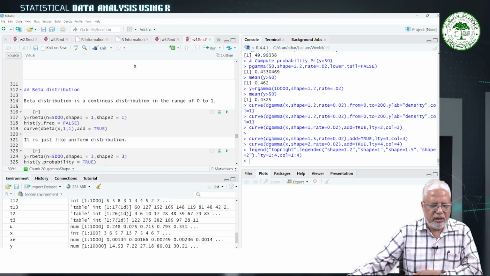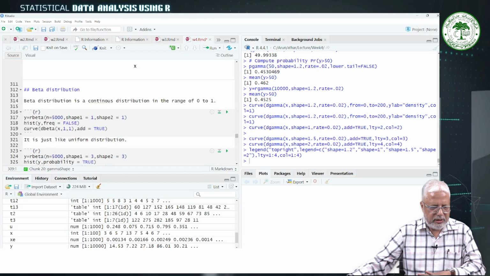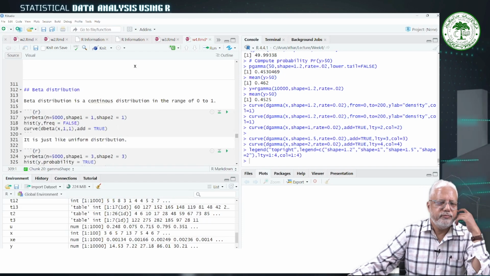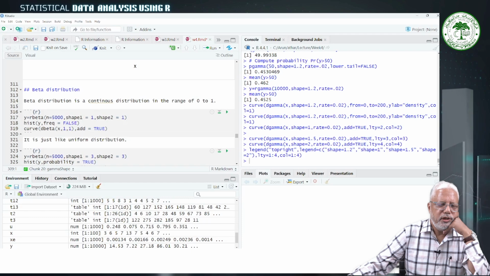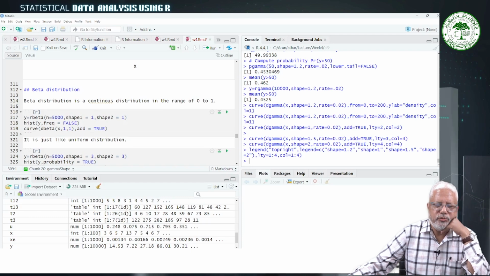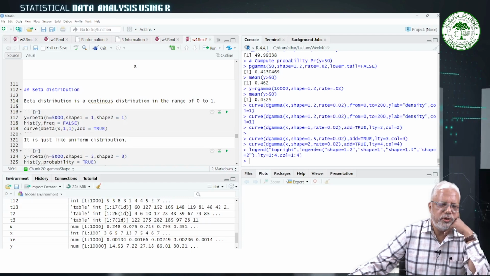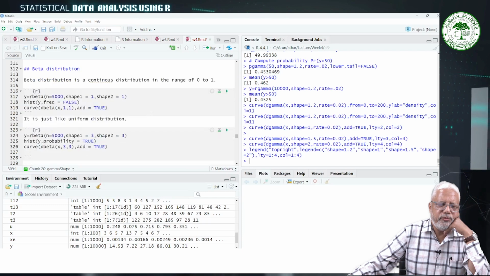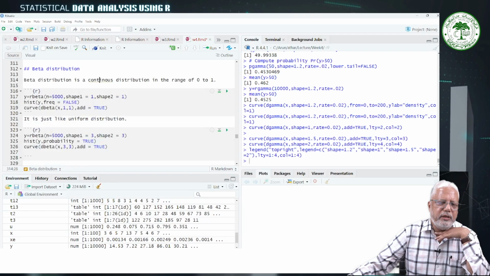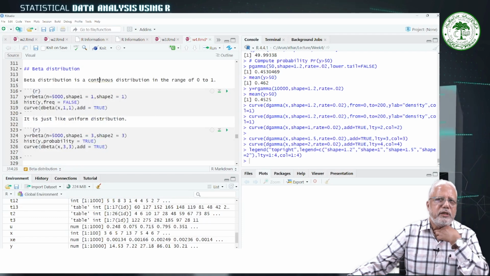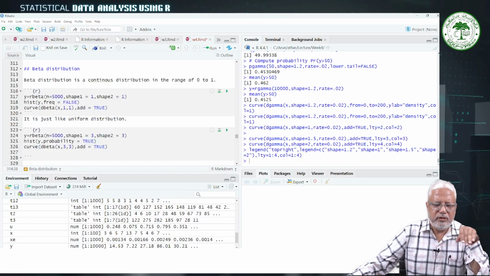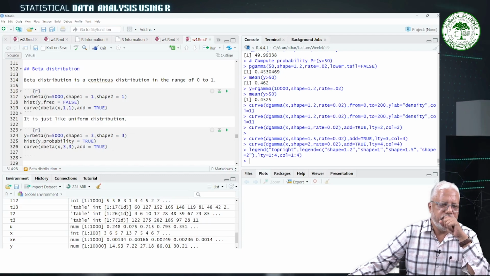Now I shall talk about beta distribution. Beta distribution is a continuous distribution in the range of 0 to 1. It is like uniform distribution, but here it can take any shape. Uniform(0, 1) takes only one shape, and that is a horizontal straight line.